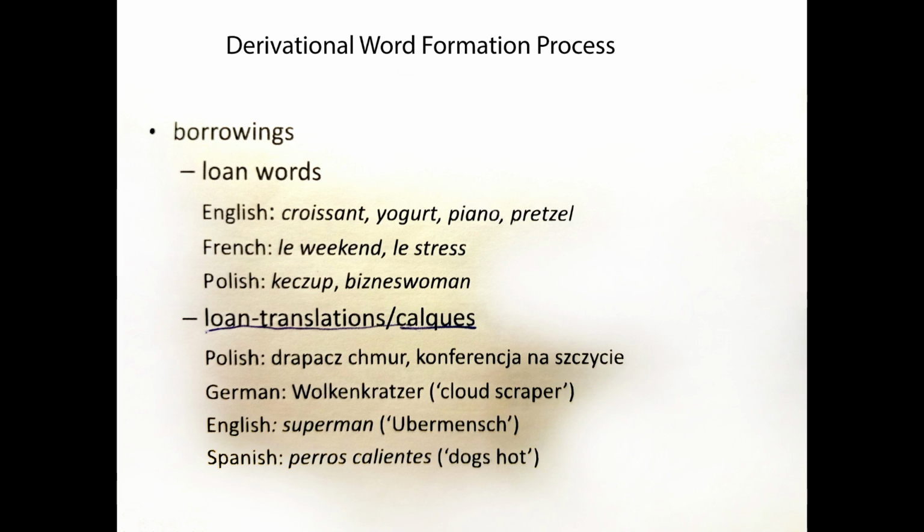In English, we call the gigantic, tall building a skyscraper. And if we translate this skyscraper into Polish, it's called drapacz chmur, right? So drapacz chmur refers to skyscraper in Polish.